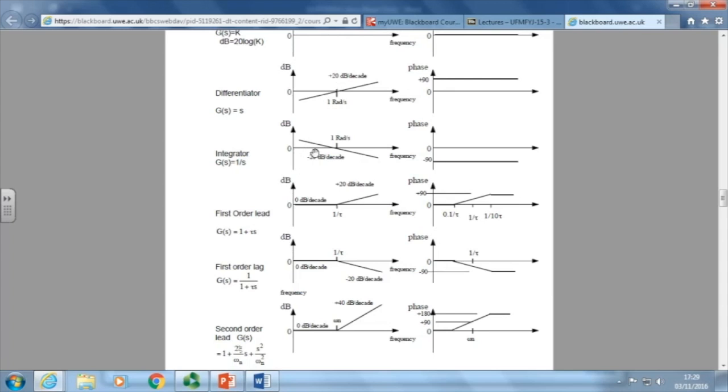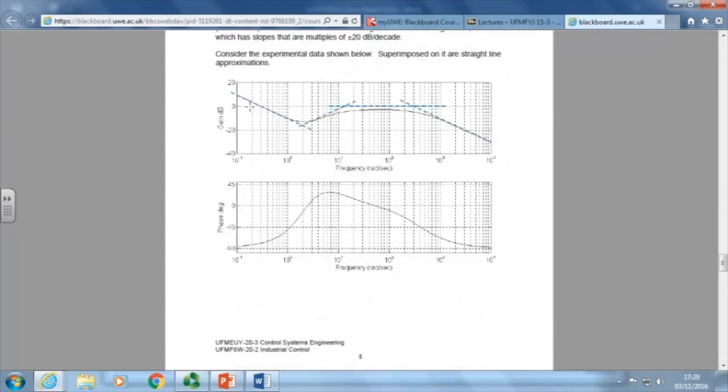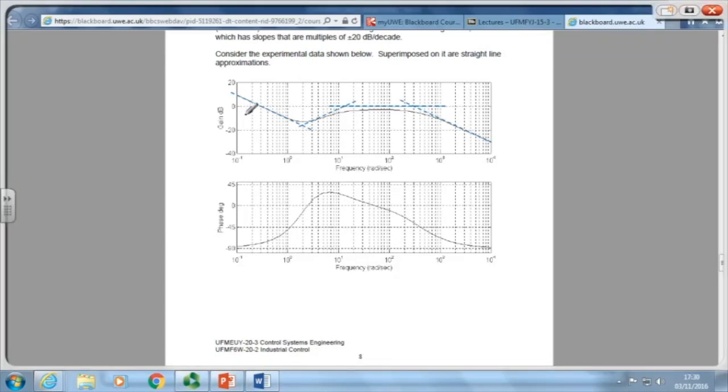It's the only one that actually starts off with that gradient. So that first bit, I would say right now, there's an integrator present. So I'm trying to work out my transfer function, and I reckon there's an integrator present.